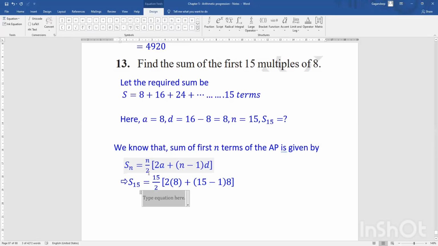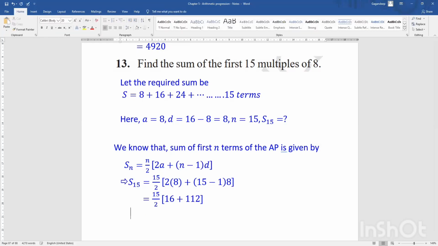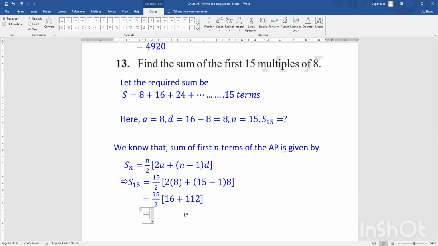It's equal to 15 by 2, bracket open, 8 twos are 16, plus 14 into 8, since 15 minus 1 is 14, 14 eights are 112, bracket close. This is also equal to 15 by 2 into 16 plus 112, which gives you 128.